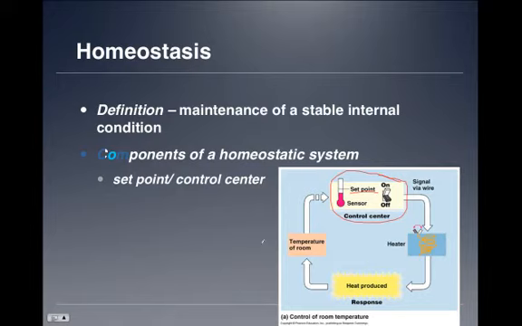And as you can guess, our central nervous system, especially the brain, has a big role in this. And then we'll also talk about the fact that we have the endocrine system, and the endocrine system also acts along with the nervous system as a control center. And again, we'll get into the endocrine system later on in the semester.